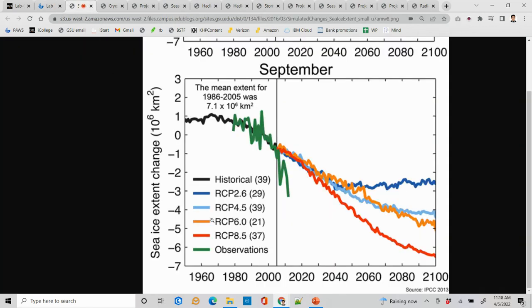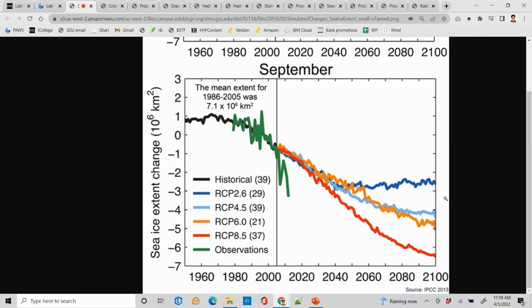So let's see. 1986 to 2005, it was about in this region, and that was actually 7.1. Now it's in this 3.9, and in 2100 it would be around this region.